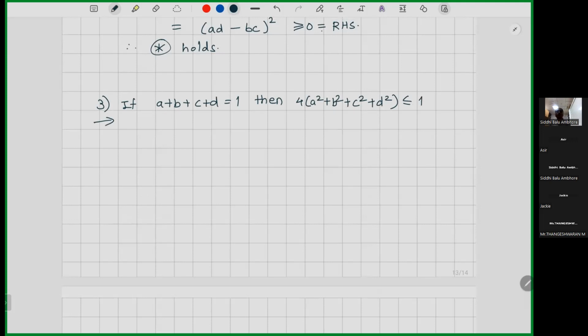So is this true, false? If false, give a counterexample. If true, how to prove this? They have given that A plus B plus C plus D is equal to 1, and then this is the statement.